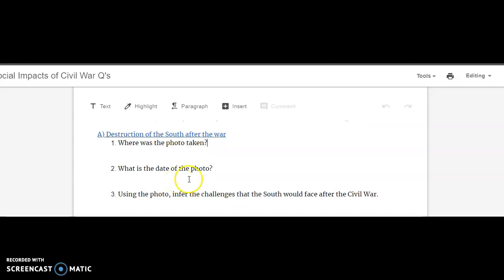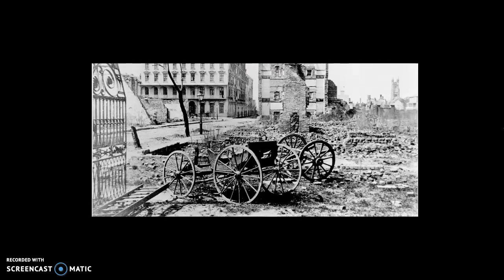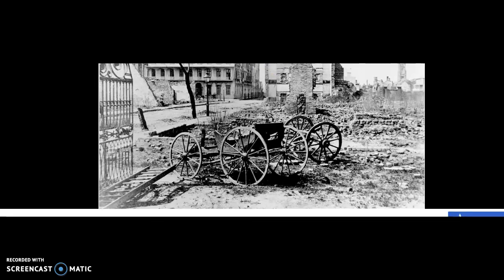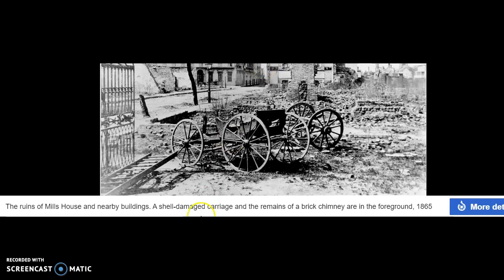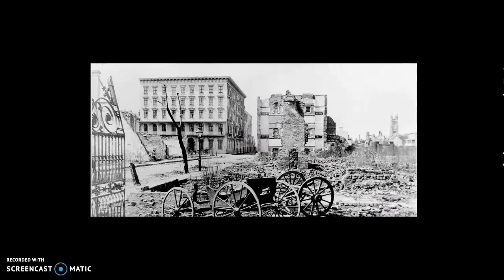What is the date of the photo? Well, let's go back. And again, if you look down at the bottom on most of the Wikipedia pages, it does have a caption with at least a date. And we are looking down here, 1865. All right, so the date is 1865.